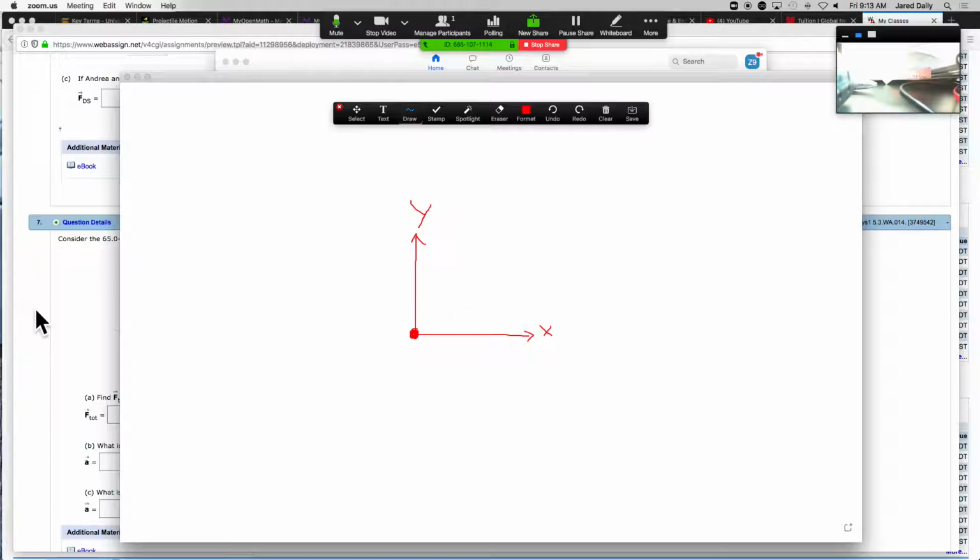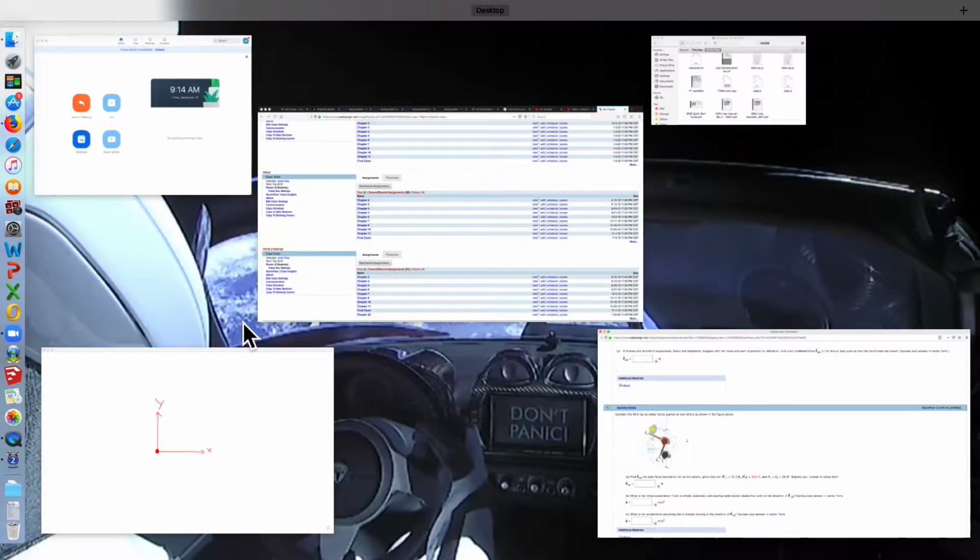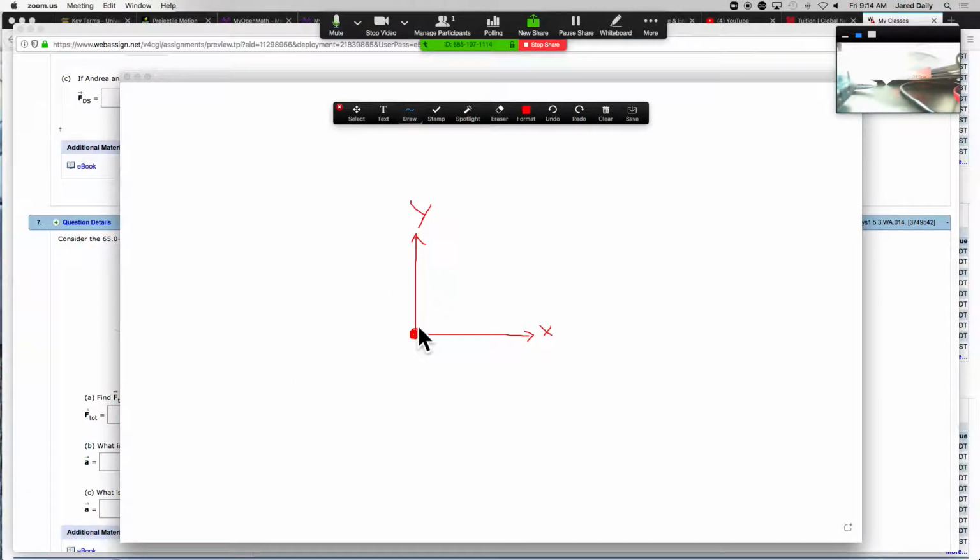We have two forces in this case: one coming from the bottom left up towards the top right, and one coming from the top left down to the bottom right. When we draw forces like this, we start from our object of interest and go outward. So we have one force this way and one force this way.